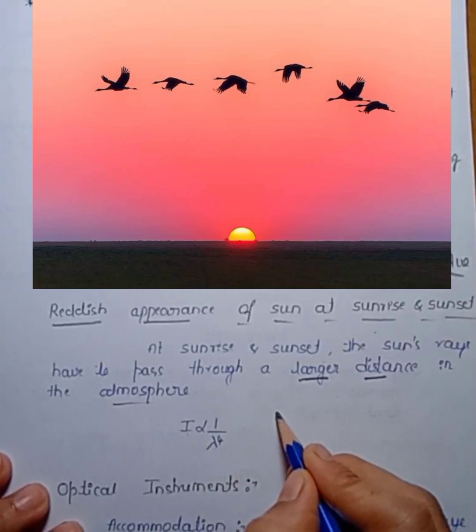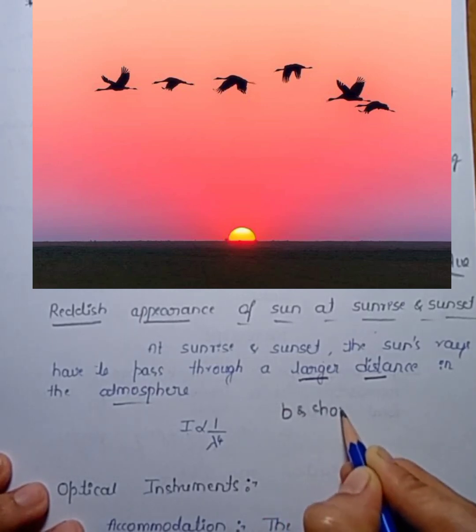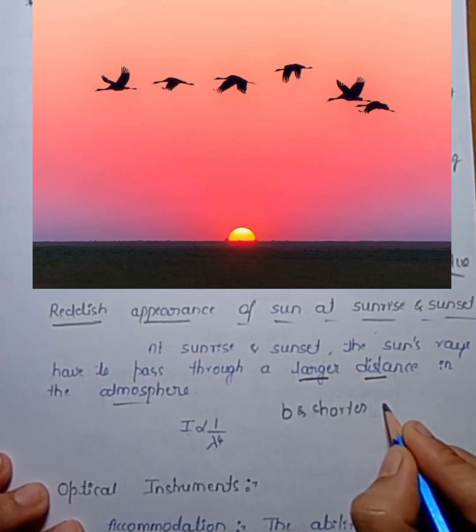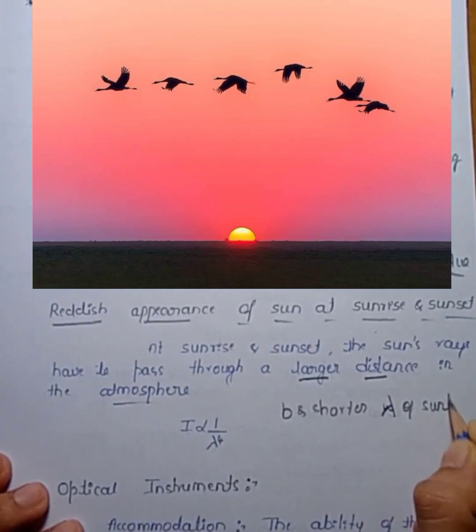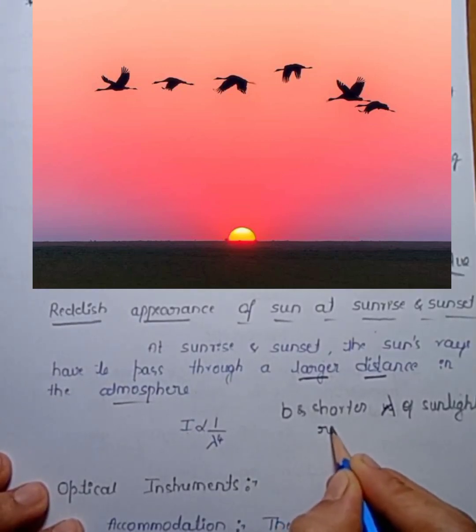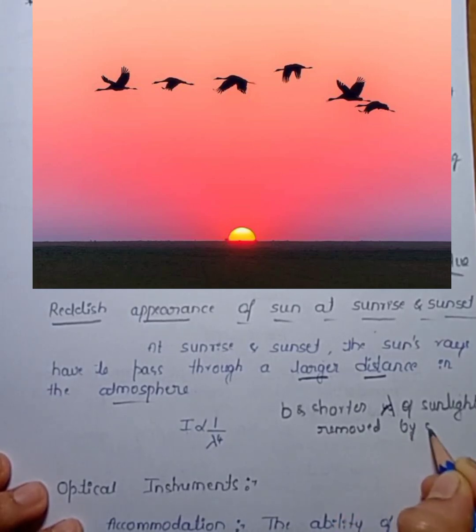Most of the blue color and other shorter wavelengths of sunlight are removed by scattering.